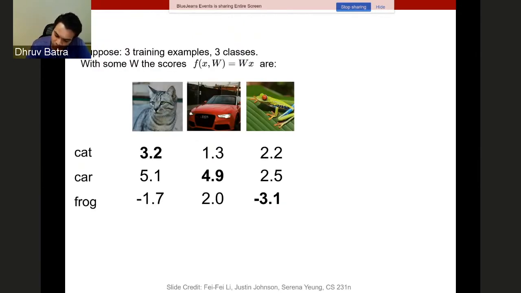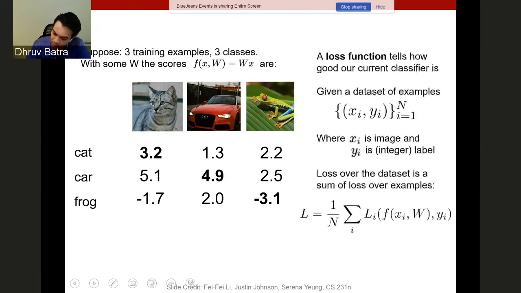Okay, so suppose we have 3 training examples and three classes. This is again just for simplicity. There are cat, car, frog. Here are the 3 images. Here are the scores. Now I come to you and I say that a loss function is with respect to a data set.